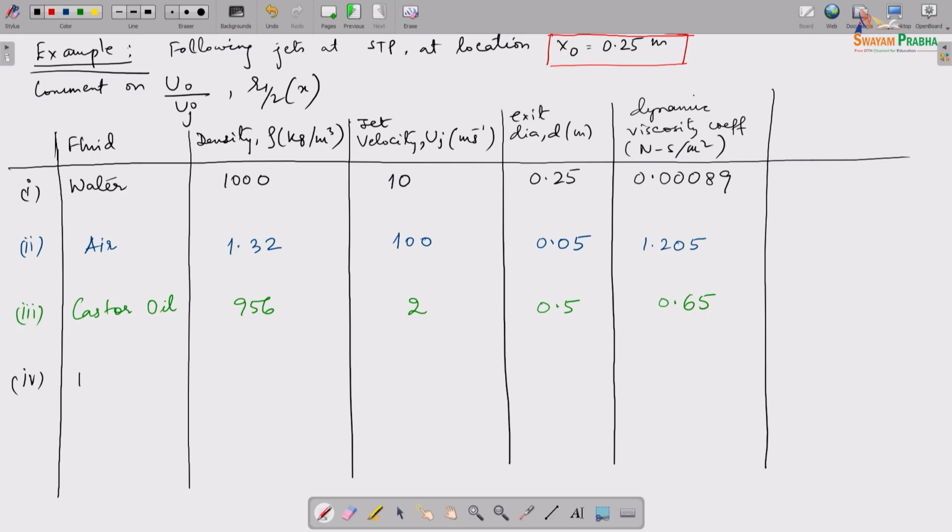This is fuel oil: rho is 890, Uj is 25, D is 0.15, and this is about 1.